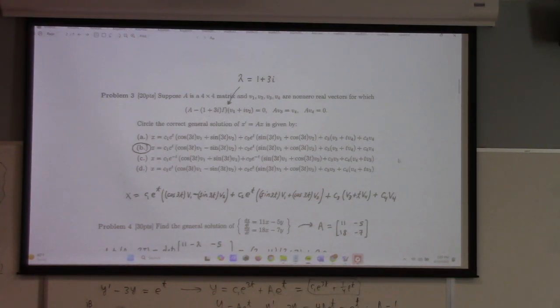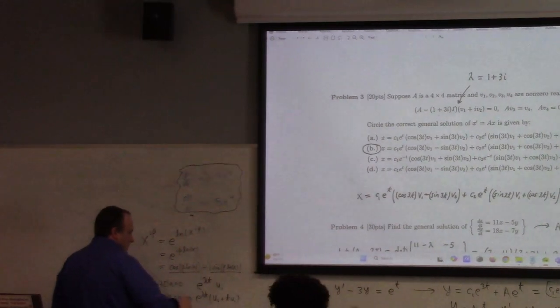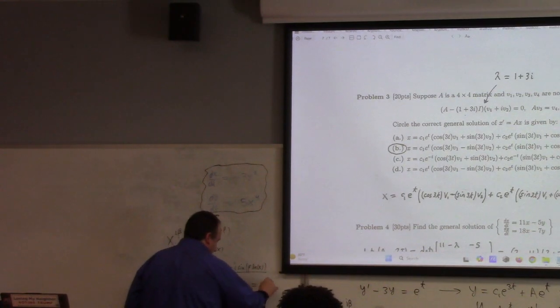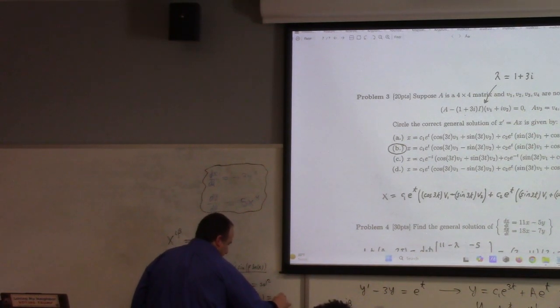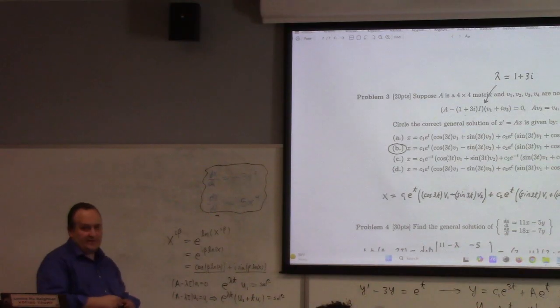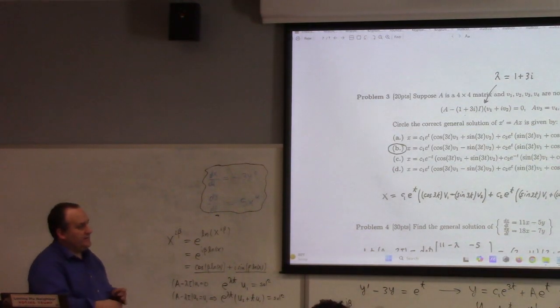This is for A minus lambda I, u1 equals 0, and this is for A minus lambda I, u2 equal to u1. That implies that this is a solution. This is a solution. And we take a linear combination of those guys, and that gets us the general solution, yeah? So that's what's going on here.